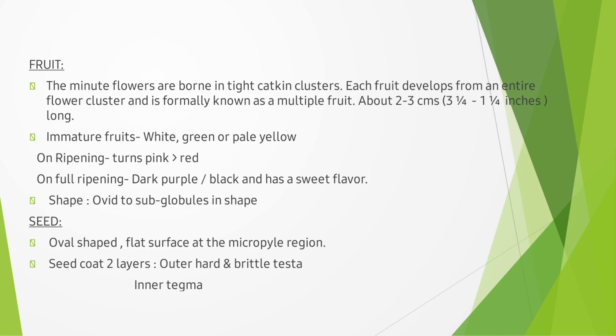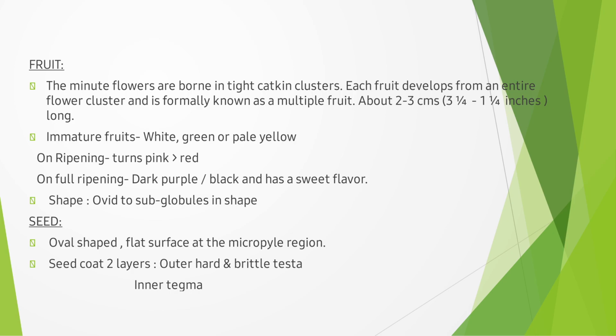Next is the fruit. The minute flowers are borne in tight catkin clusters. Each fruit develops from an entire flower cluster and is formally known as multiple fruit. About 2 to 3 centimeters, nearly 1 to 1.5 inches long.